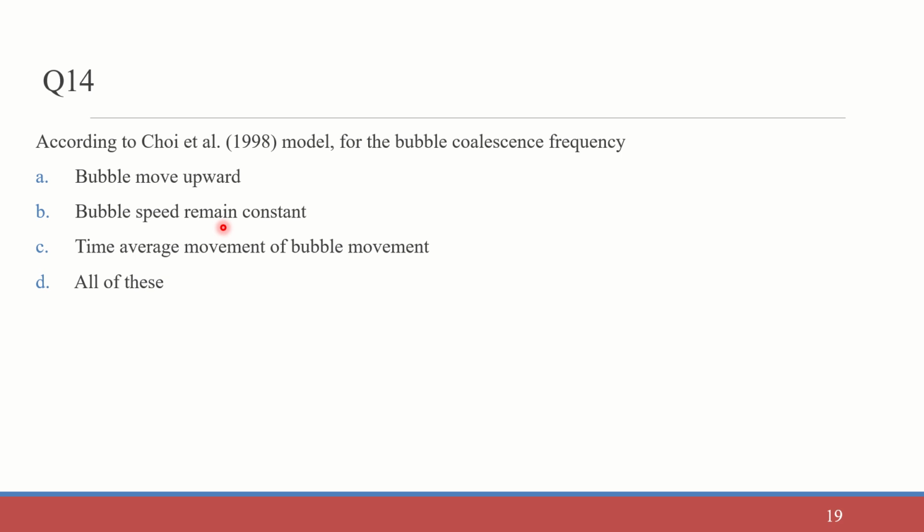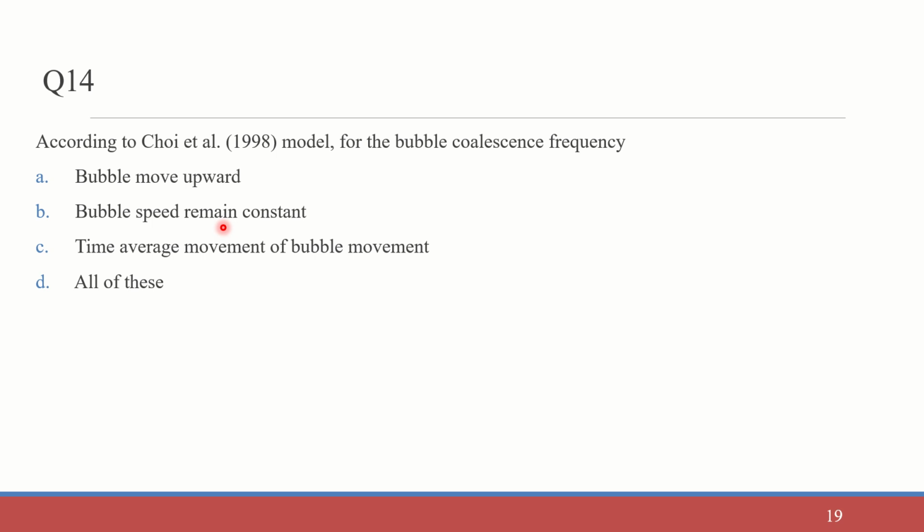So according to Choi et al. 1998 model, their model says the calculation assumes that the bubble is moving upward, the bubble speed remains constant, and the time average movement of the bubble is considered.